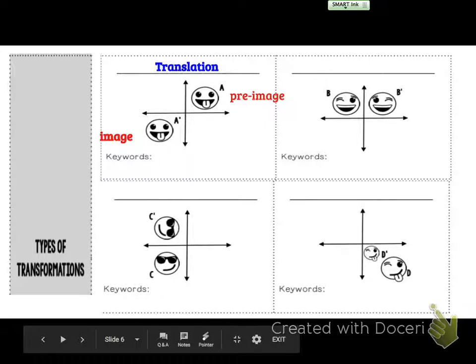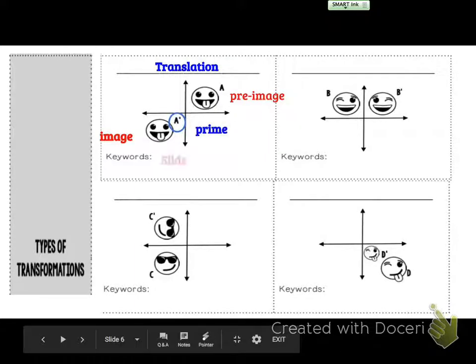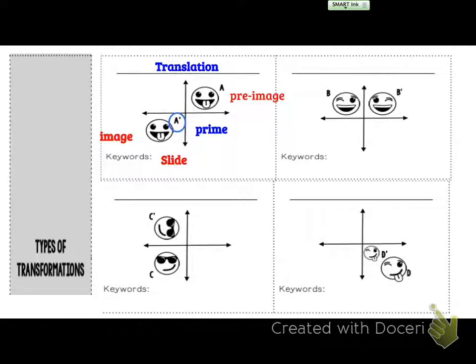Notice it has moved on the coordinate plane. A translation is often called a slide. You might slide to the right or to the left, or slide up and then slide to the left. You're sliding a figure along a coordinate plane.